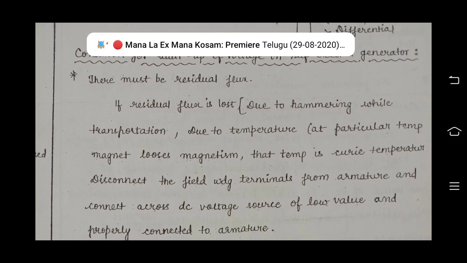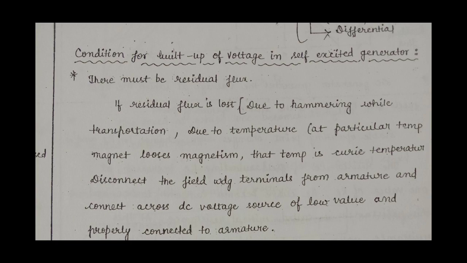Sometimes this may be lost due to transportation, or due to temperature rise. So the residual magnetism may be lost.